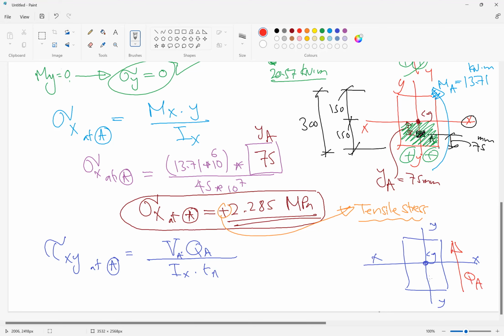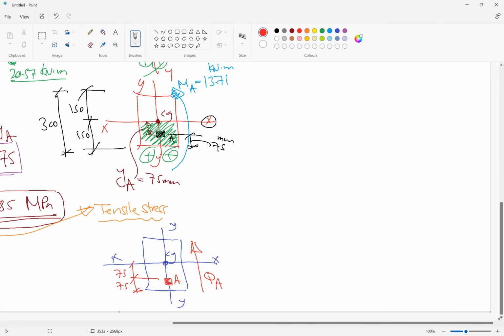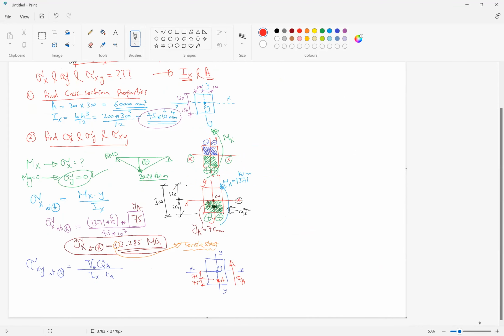Okay, and this is our point A, at 75 millimeter here. So how do we find the shear stress tau here? Do you know how to find the shear stress?